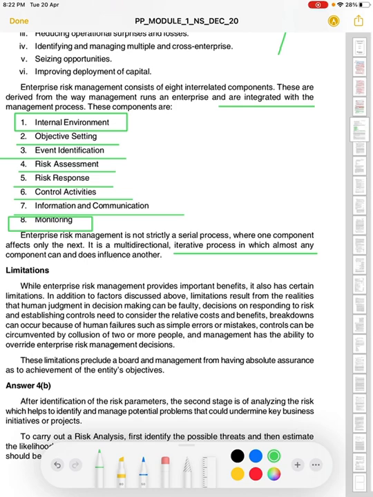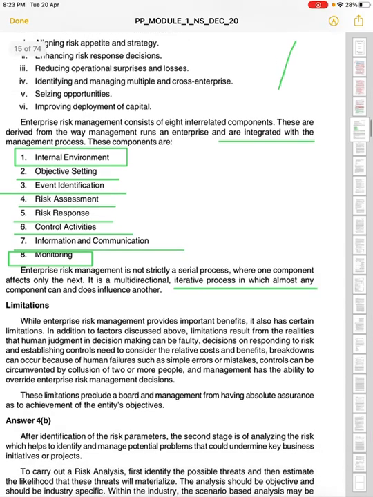So if one part is affected, then another part can also be influenced by it. So we know that enterprise risk management covers internal environment, objective setting, event identification, risk assessment, risk response, control activities, information and communication, and monitoring of the risk.